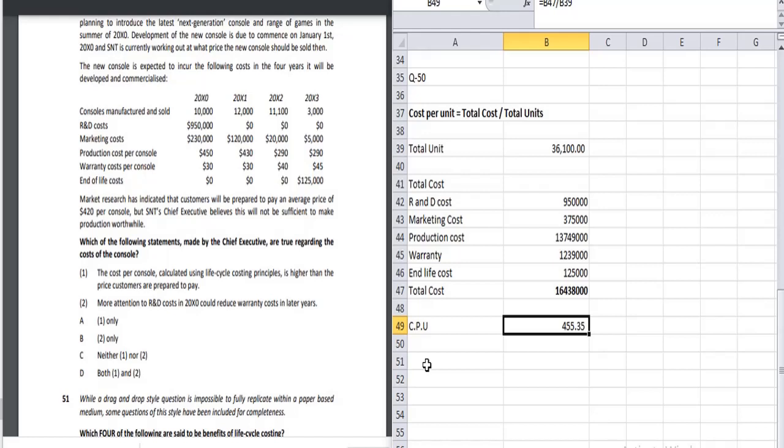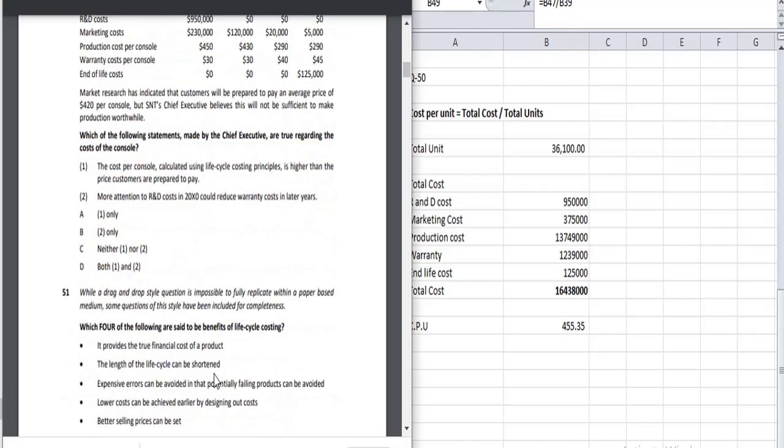Okay, it means you have a lower cost, means there will be less chances of people coming for the warranty or guarantee, whatever. So it is also true, if you focus on the R&D, it will reduce the warranty cost in the later years.